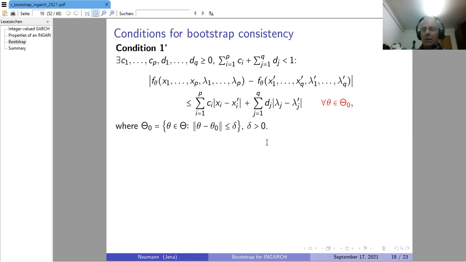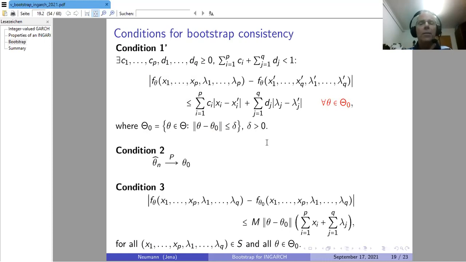The second condition is that we estimate the unknown parameter theta 0 in a consistent way. This can be achieved, for example, by conditional maximum likelihood. And finally, we need a smoothness condition, which is written down here.